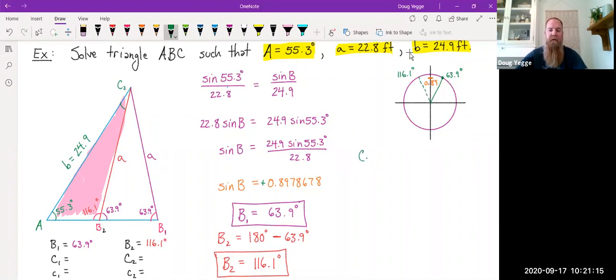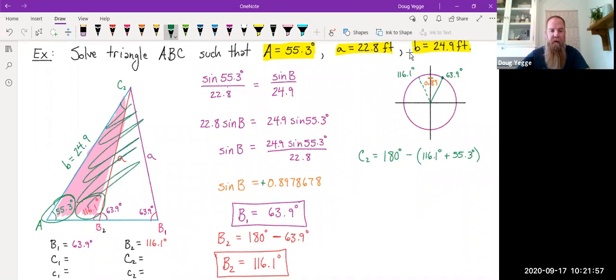So notice the way we could do that is subtract from 180. So we have 180 degrees minus the sum of 116.1 degrees and 55.3 degrees. Now we would know at this point if there was a second solution, because it's possible that we get the acute angle and its corresponding obtuse angle, but then when we add these two angles together, that exceeds 180 degrees, which means that it couldn't be a second triangle, so it would only be the larger of the two.